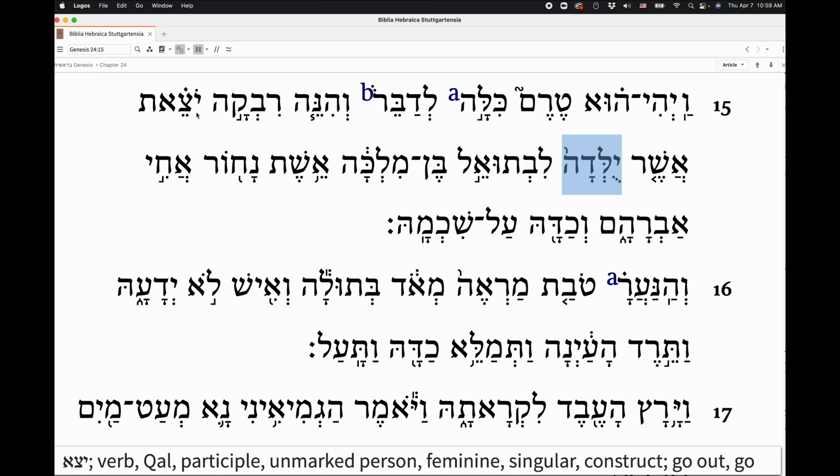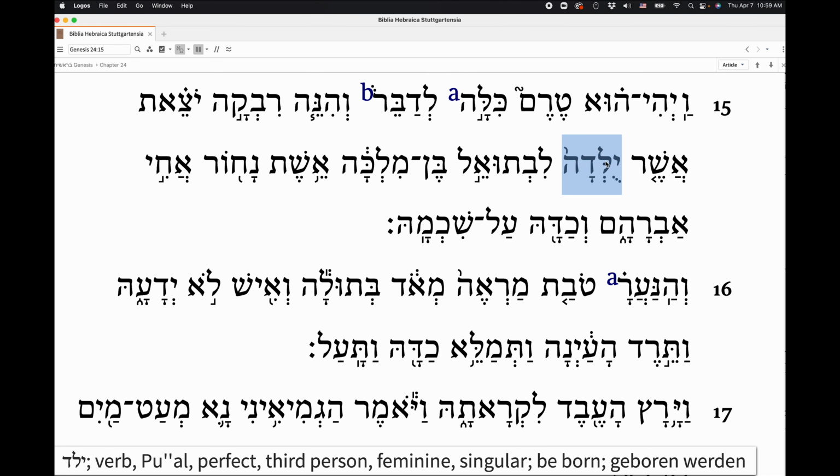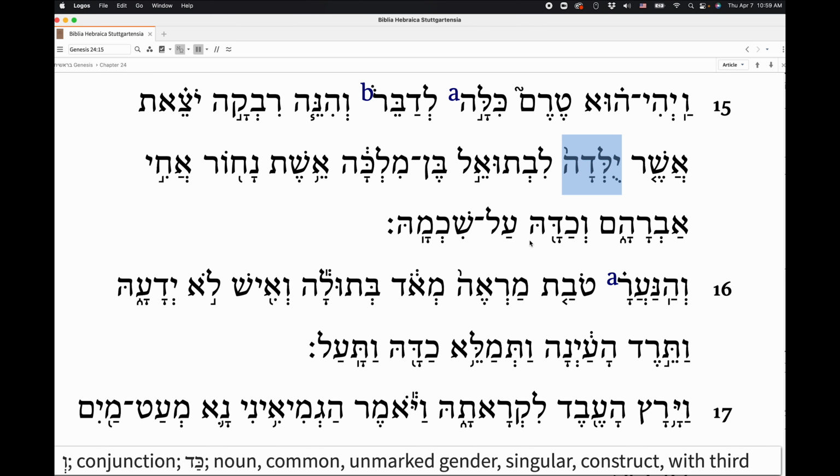So behold, Rebecca was coming out, Rebecca who was born to, all right, so now we've got, again, I'm trying not to hover here, we've got the Lamed preposition on Beth, Tav, Shureq, Aleph, Lamed. If you didn't see, this is a proper name. This is Bethuel. And so Lebethuel would be to Bethuel.